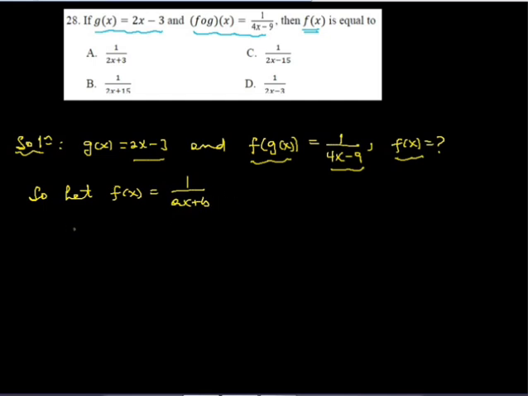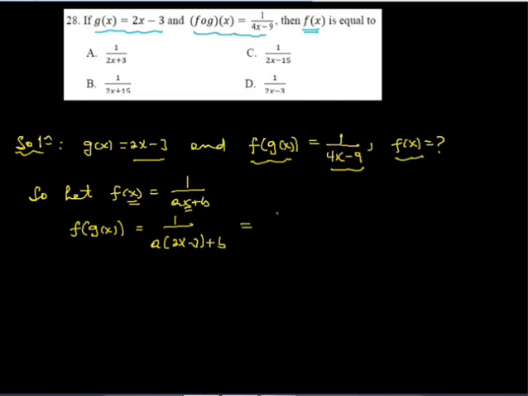Then substitute g in f, which means putting g in the place of x: a times g of x, which is 2x minus 3, plus b.